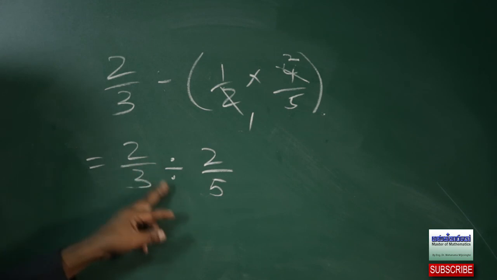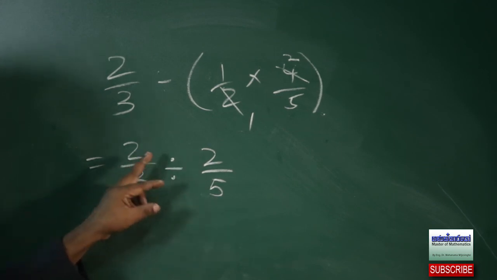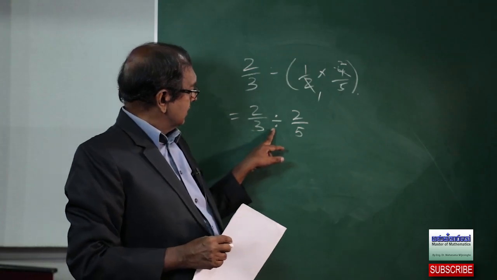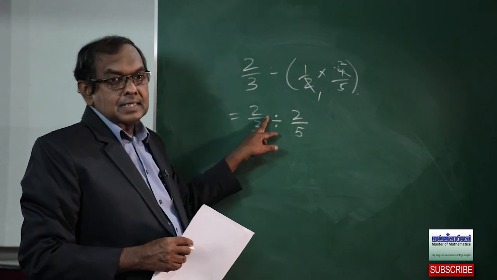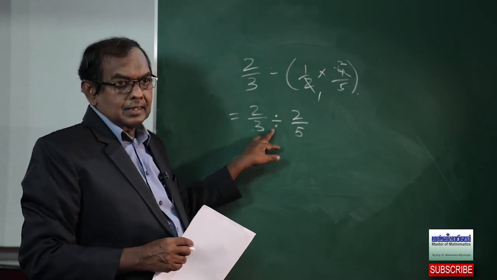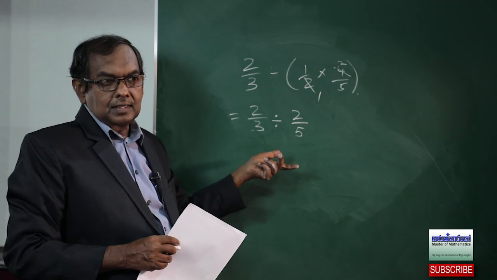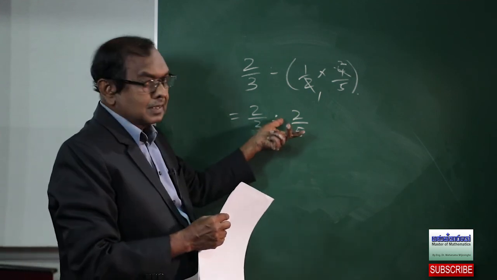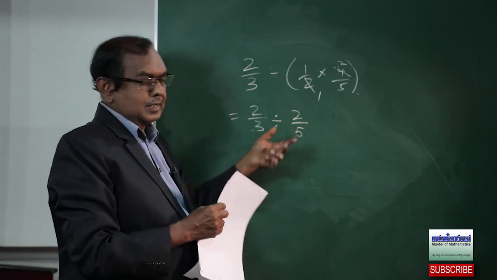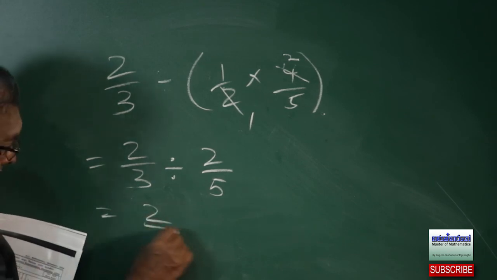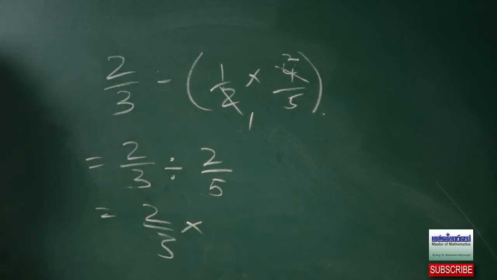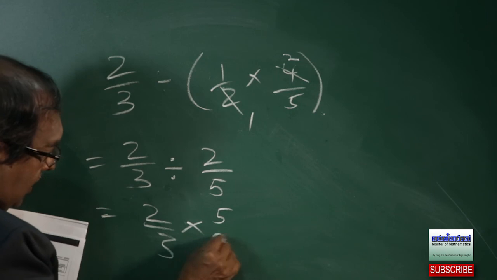2 by 3 divided by 2 by 5. Then we have to convert this division into multiplication. How do we do that? We can interchange the denominator and the numerator. Then 2 by 3 multiplied by 5 by 2.